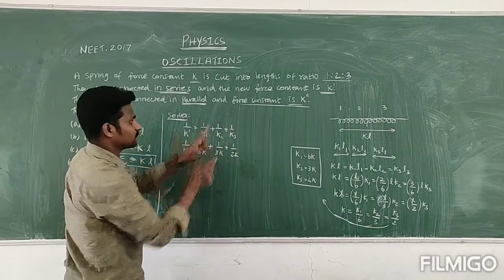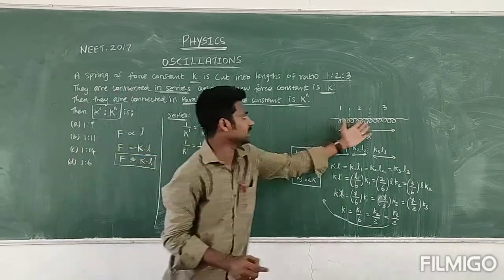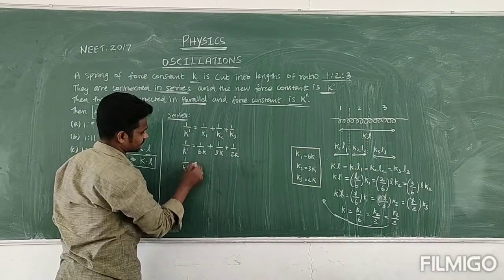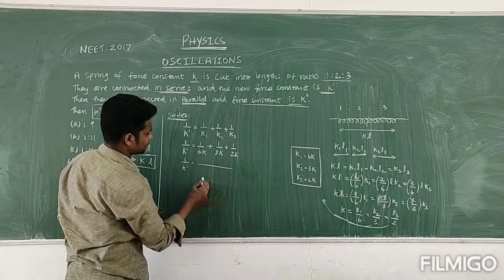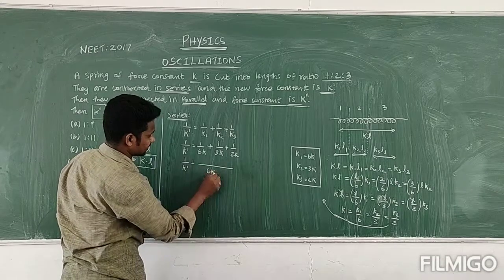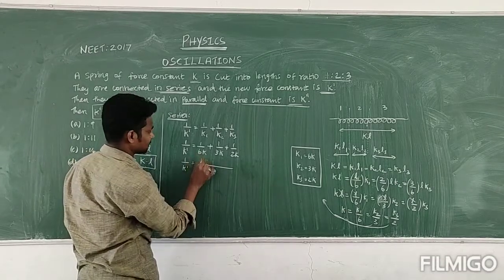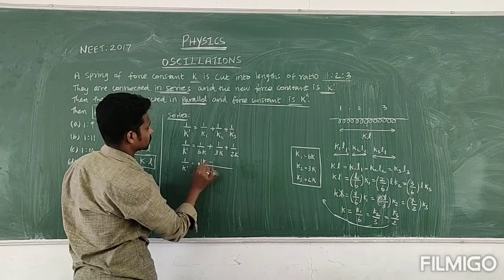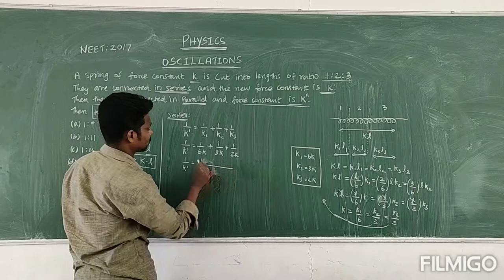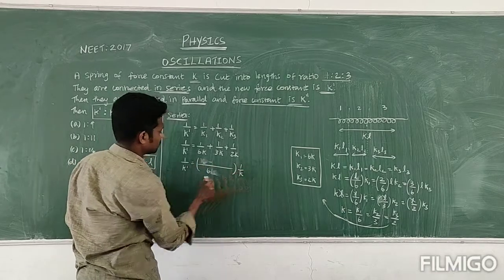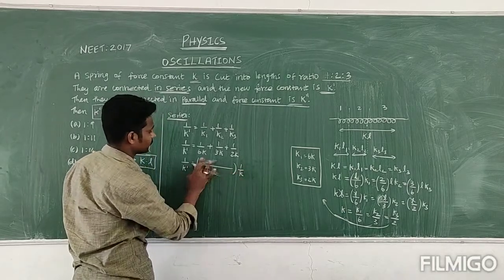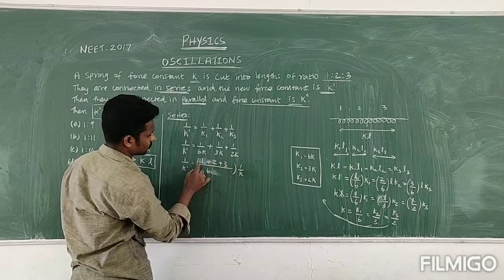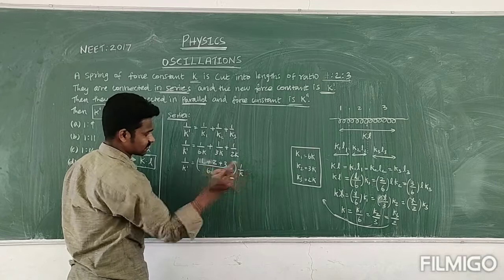The LCM is 6K. Taking 1 by K outside, we get 1 plus 2 plus 3, that is 6, over 6, so 6 by 6 is cancelled.